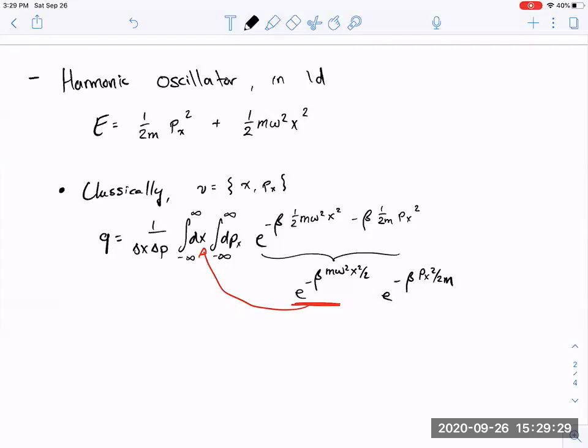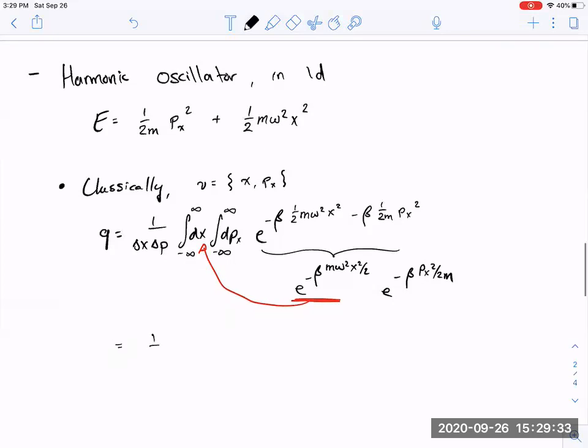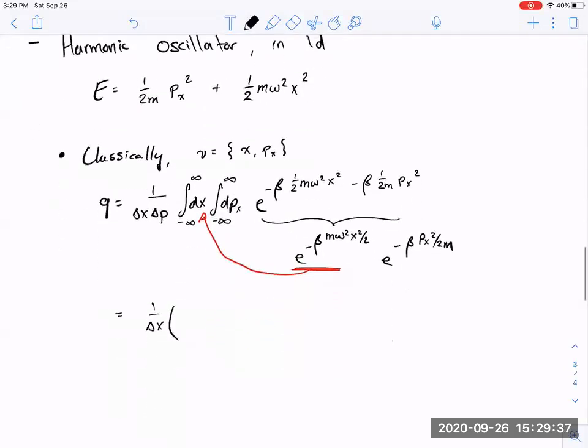Okay, so then I have two Gaussian integrals. I know how to do those. That's great. I'll get 1 over delta x times, now playing the role of a in our Gaussian integral is beta m omega squared, and I'll have that under 2 pi. The momentum integral gives me analogously a 2 pi, an m, and a beta.